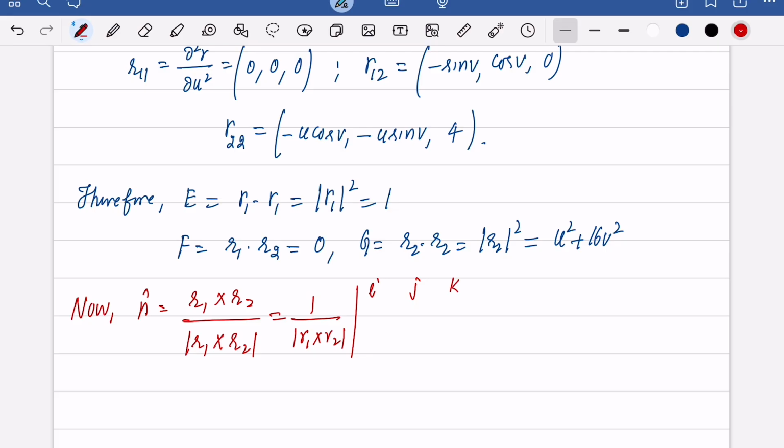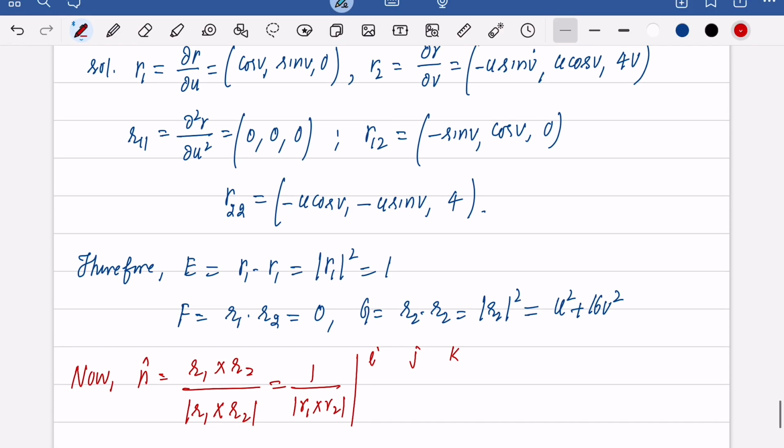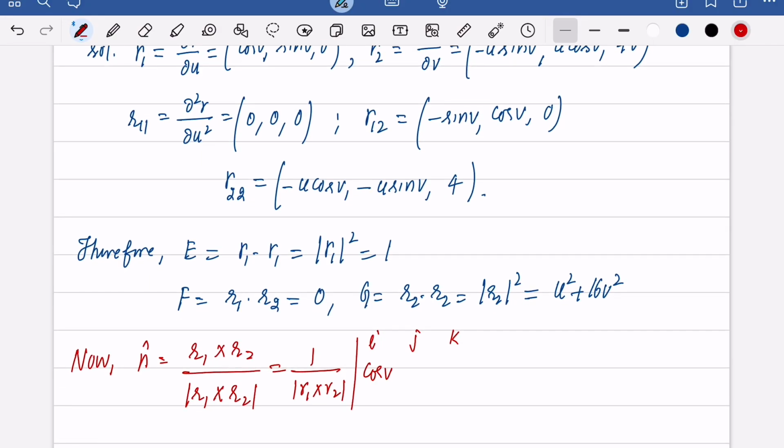In the second row we take the coordinates of r1, which are cos v, sin v, 0, and in the third we take the coordinates of r2, which are −u sin v, u cos v, 4v. Now evaluating this, we arrive at the unit vector being equal to 1 divided by √(u² plus 16v²).